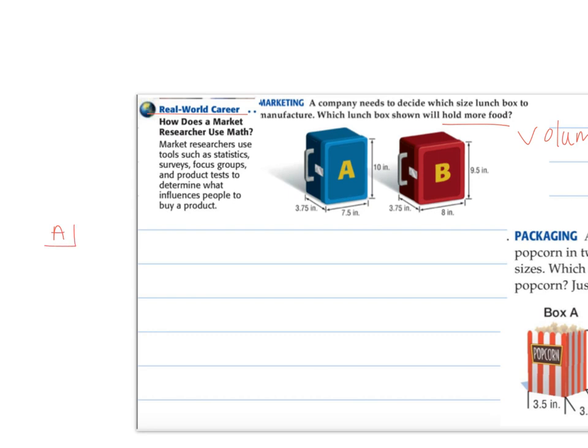So for lunchbox A, finding the volume, base area times the height. It's a rectangular prism. And again, you could pick length and width. Since it's multiplication, they go in any order. So some of you might have said that 7.5 was the length. Either way, length times width times height. So then I plug in my length, my width, and my height.